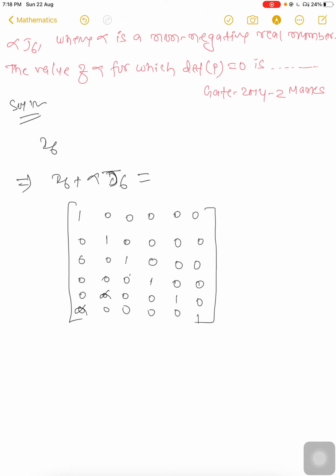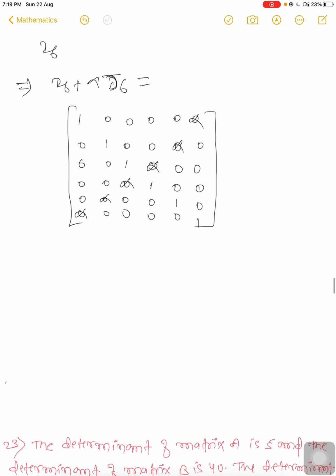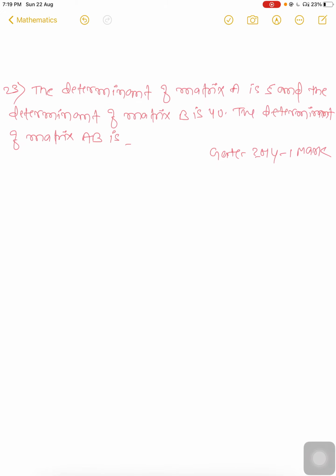You will get alpha on this side, then alpha, alpha, and alpha, alpha from here. And when you take the determinant and after solving the determinant, you will get alpha is equal to 1. First you have to solve the 6 by 6 matrix determinant and you will get alpha is equal to 1. Do it.